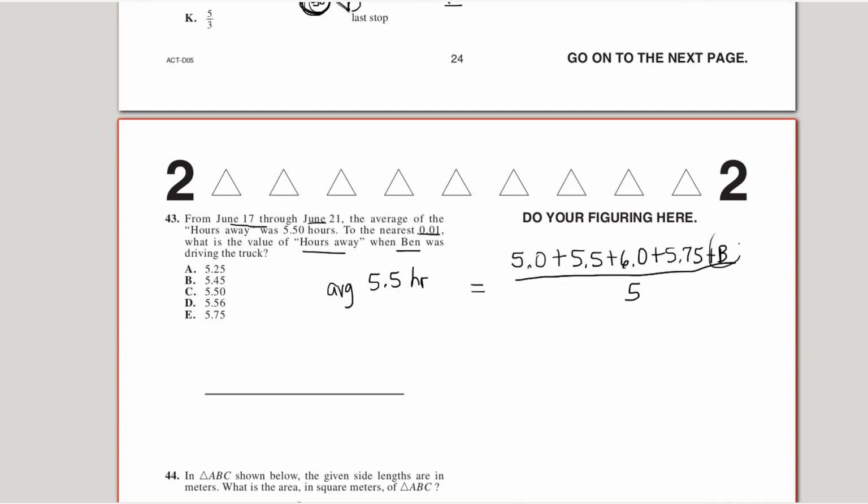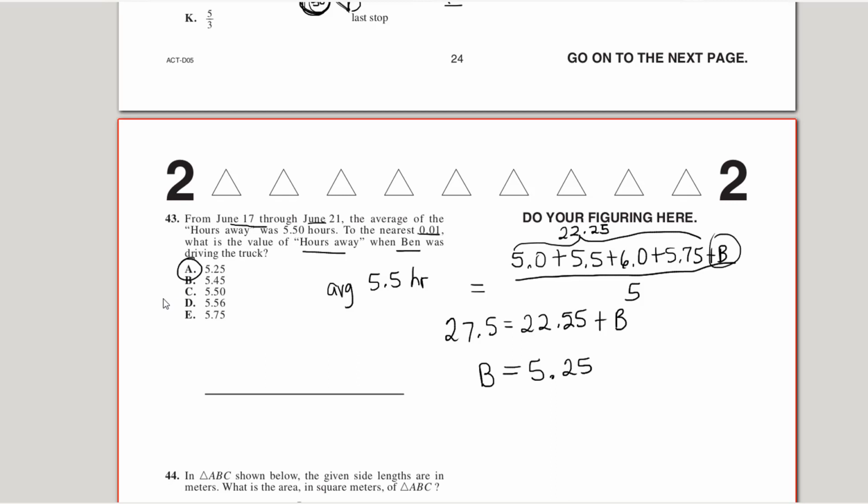So we're wanting to solve for the unknown B. We can add these values and we get 22.25. I'm going to multiply both sides by 5, and I get 27.5 is equal to 22.25 plus B. I want to solve for B, so I'm going to subtract this 22.25, and I get that B is equal to 5.25, which is answer choice A.